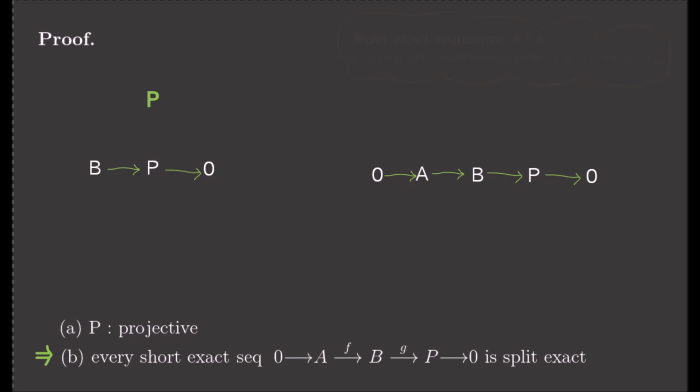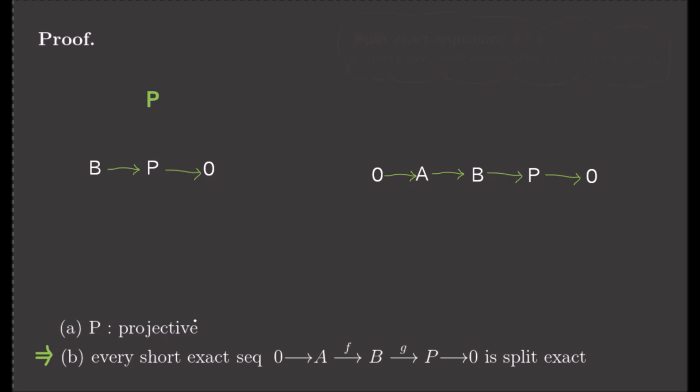Now let's prove the statement. I prove from A to B, from B to C, and finally from C to A. First, suppose P is projective. Then consider our claim, this exact sequence, a short exact sequence. Then use the theorem.